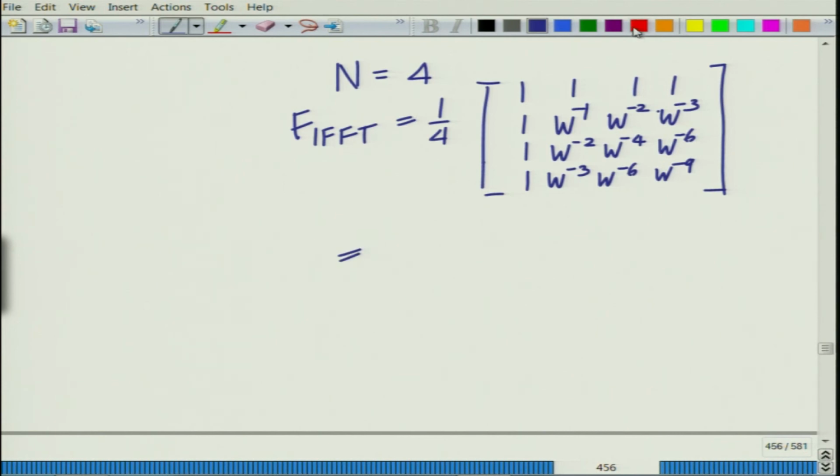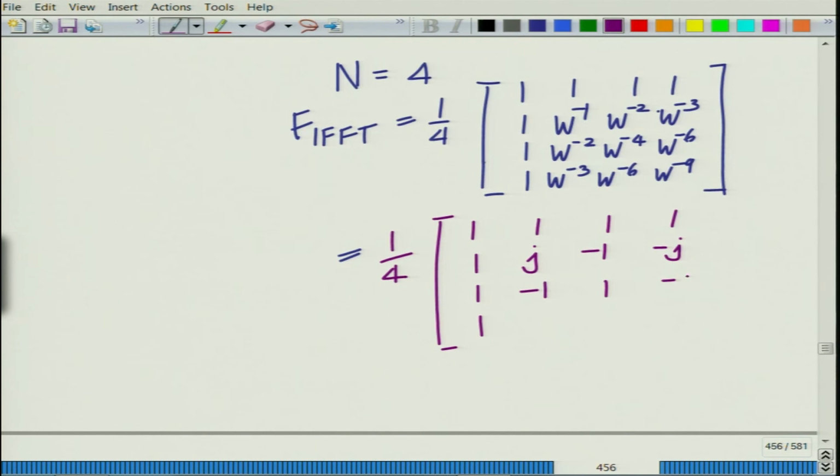So, this will be equal to 1 over 4 times the matrix with first row 1 1 1 1, and the remaining rows containing entries such as 1, j, minus 1, minus j, and so on. So this is the 4 cross 4 IFFT matrix.